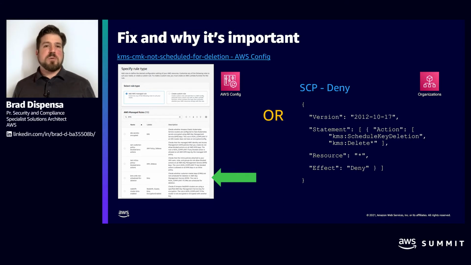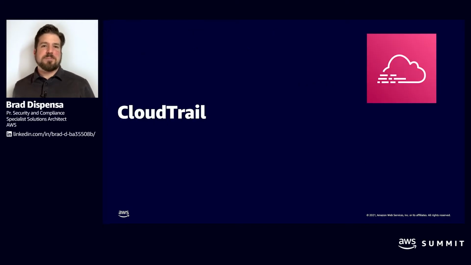So in order to actually authorize a key deletion in the account, you would have to go and remove this SCP. That said, for many of our customers, keys are used in perpetuity, so key deletion tends to be more the exception rather than the rule. So if you don't want to run that risk, using an SCP deny statement is probably a better call.